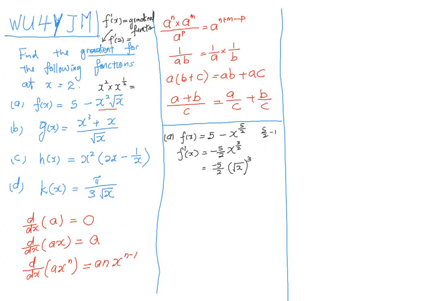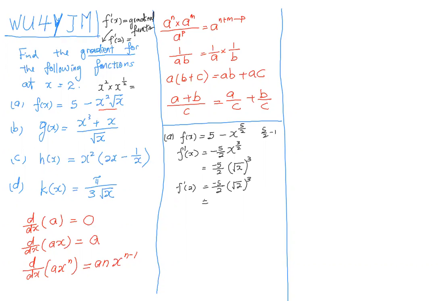The top there is power, the down there is root. Are you okay? Why I want to write it like that? So that when I substitute with 2, I will know that this is √2 cube. So what is √2 cube?